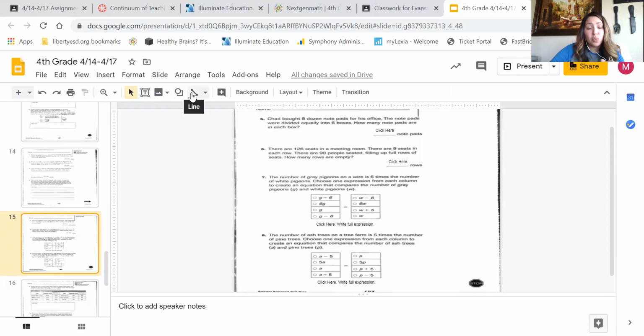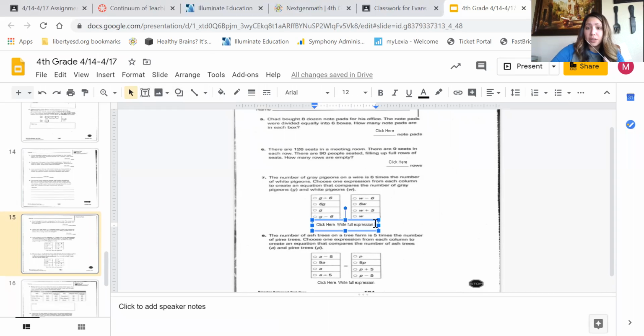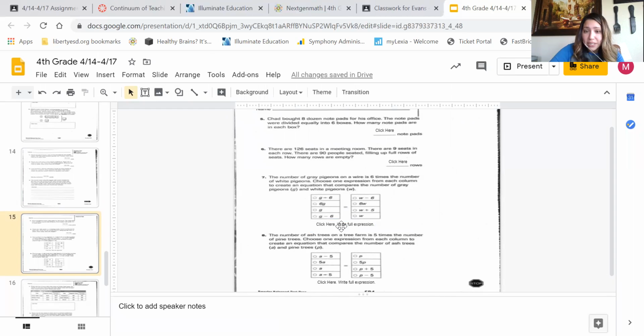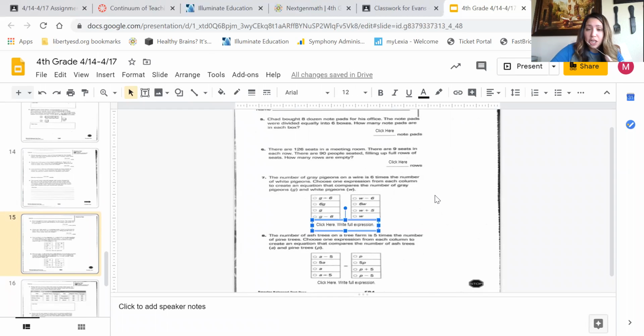So you guys, this is where I would take probably like a drawing tool, okay? Or even that. Here it says click here and write the full expression. So what that means is it says choose one expression from each column, write an equation that compares the number of gray pigeons and white pigeons.